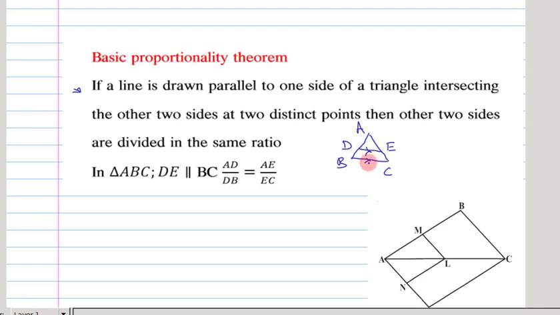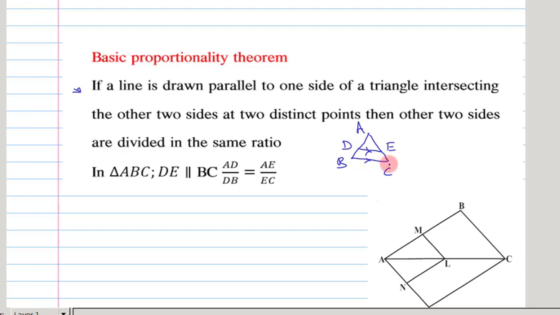As DE is parallel to BC, the other two sides are AB and AC. That means DE divides the other two sides in the same ratio, that is, AD to BD is equal to AE to EC. So AD by DB is equal to AE by EC.